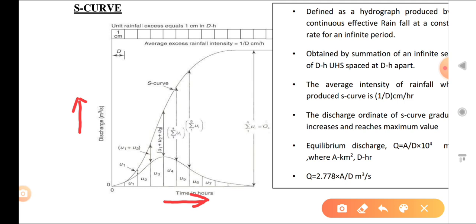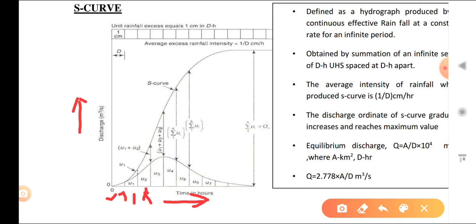At 0 it is 0. Suppose at time t1, it is u1 and the S curve ordinate is also u1. Now suppose at t2 it is u2 plus u1.